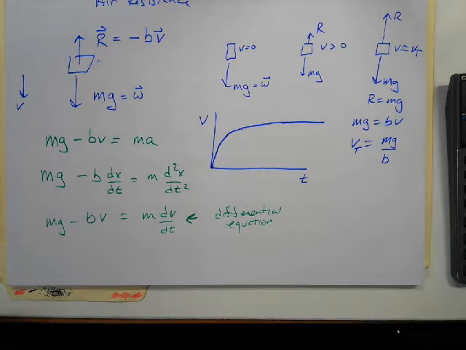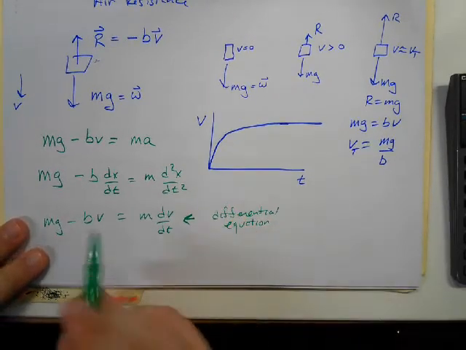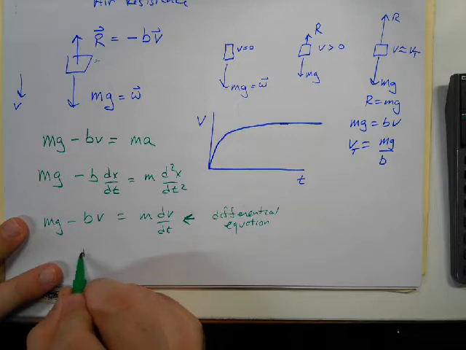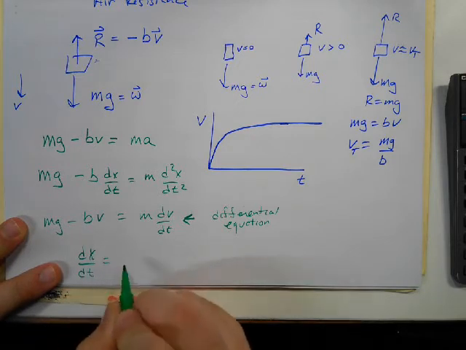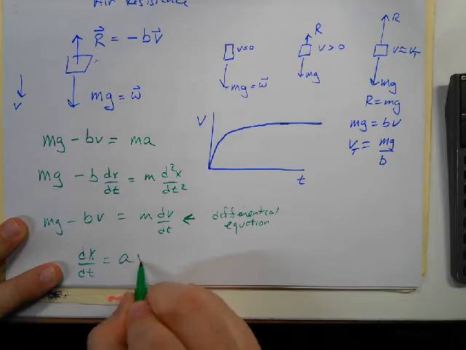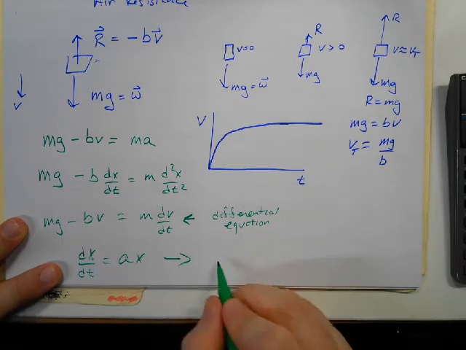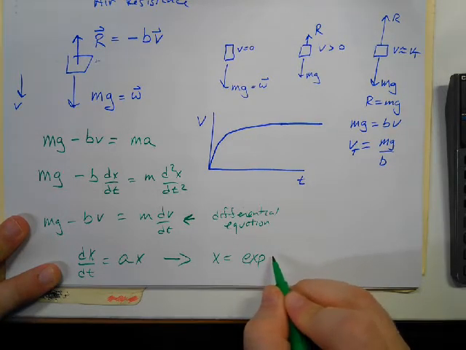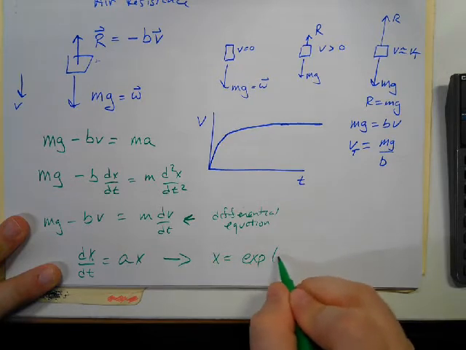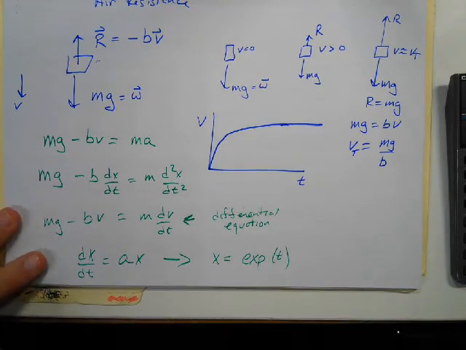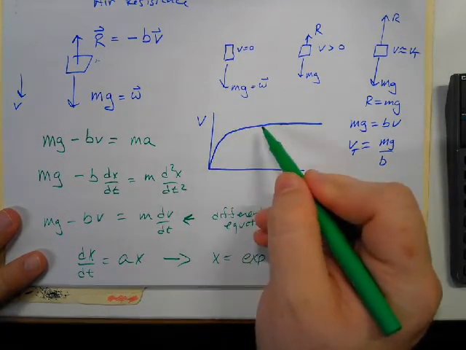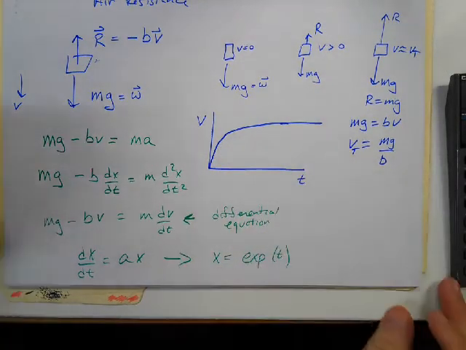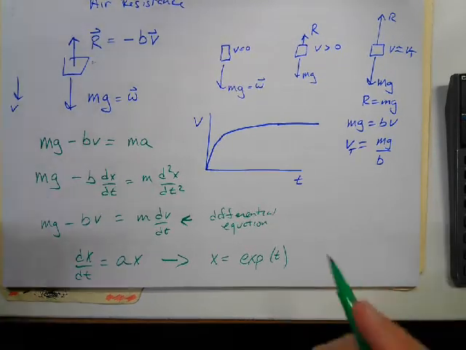We can do a little bit of maneuvering around this and try to figure out what's going on. But in general, whenever you have a function that looks like dx over dt is some constant times x, the solution generally looks like an exponential. So that's what's going on here: we have an exponential function.